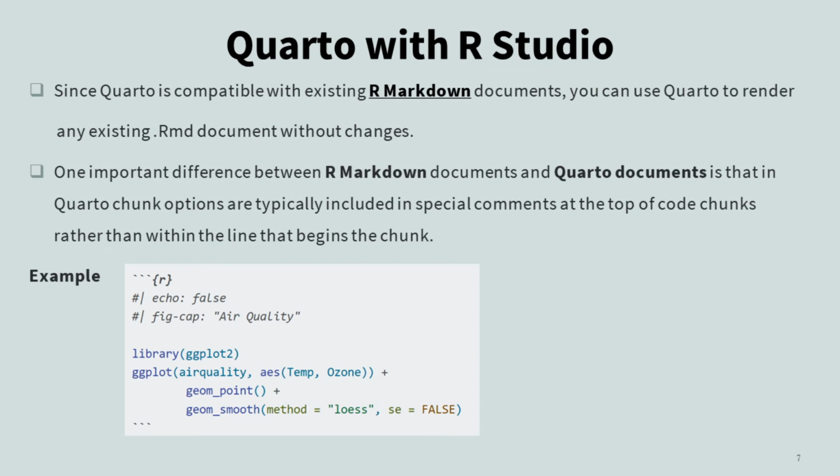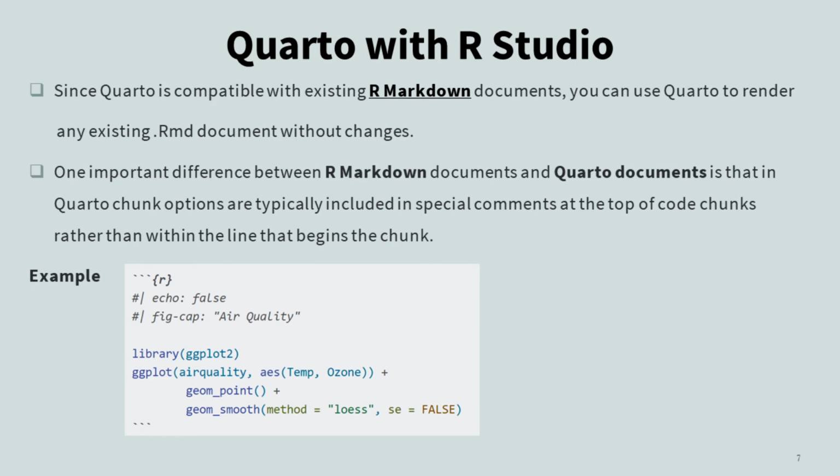Since Quarto is compatible with existing Markdown documents, you can use Quarto to render any existing Markdown document without any changes. One important difference between Markdown documents and Quarto documents is that in Quarto, chunk options are typically included in special comments at the top of code chunks rather than within the line that begins the chunk.